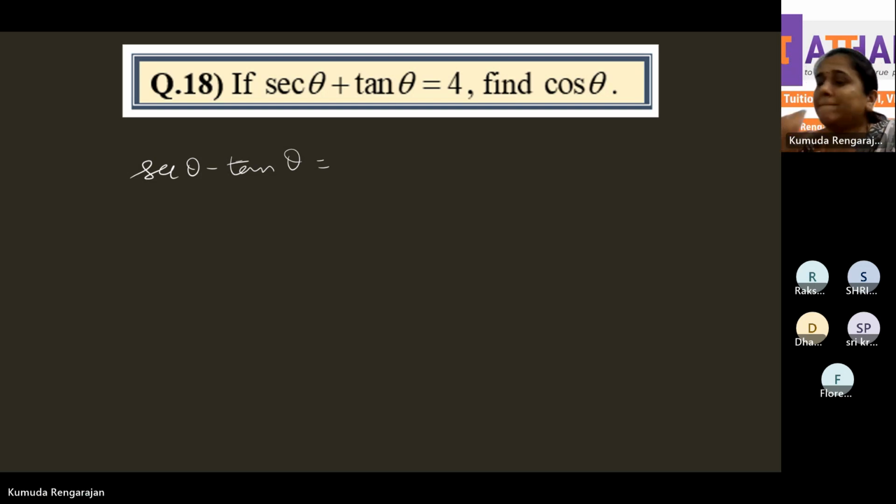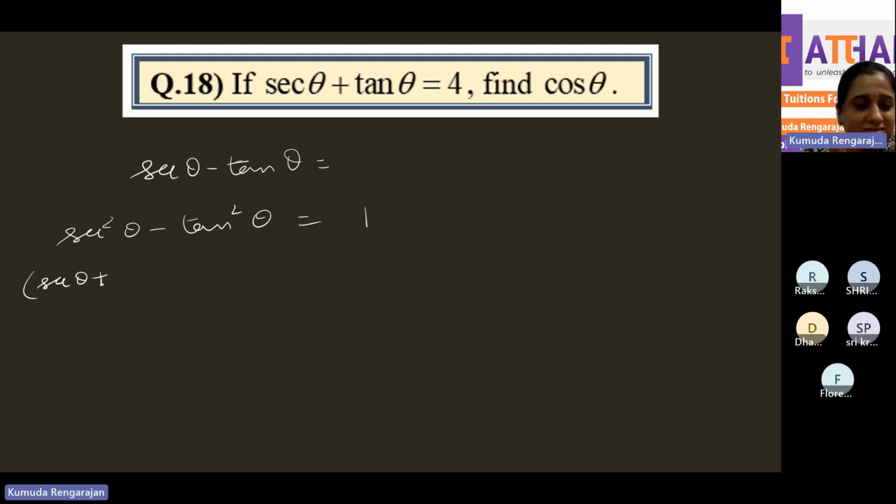So remember this identity, children. What is secant square theta minus tan square theta? 1. So secant theta plus tan theta into secant theta minus tan theta is equal to 1, right?